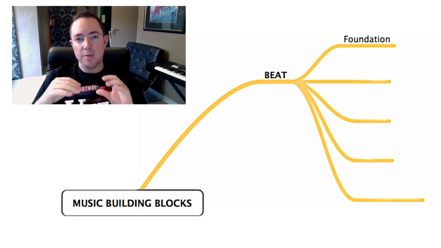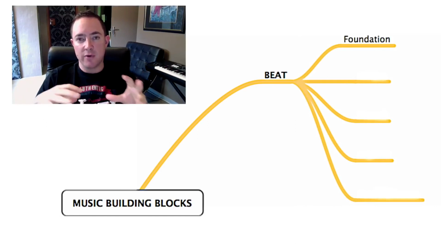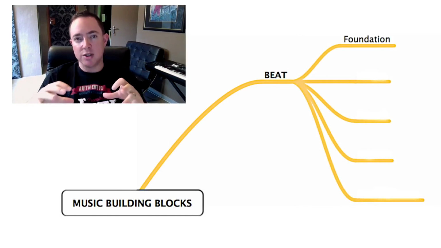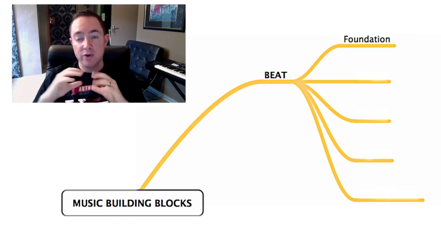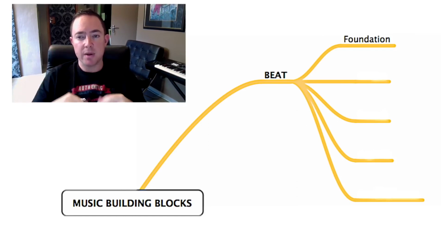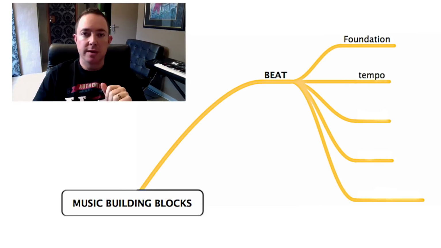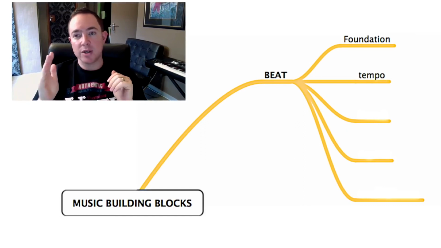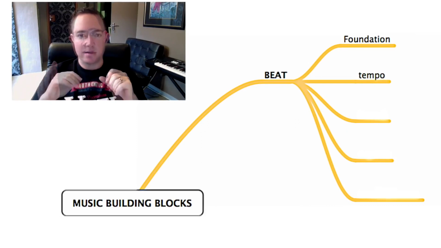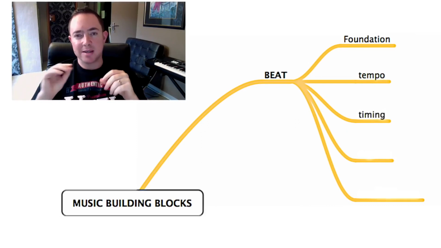The four foundational blocks that I'm going to teach you today are all blocks that are built on top of each other. So the first foundation is beat. The first thing that beat does is it sets the tempo. Tempo is a critical thing to understand in music because it sets the mood. It's the speed at which the song runs at. The second function of beat is timing.